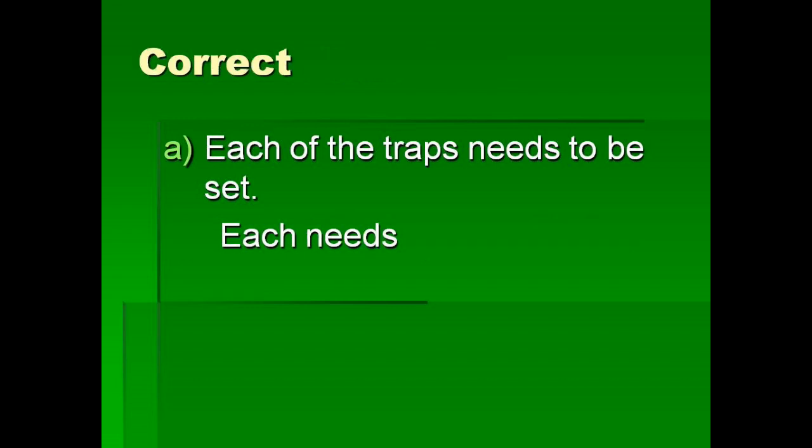Can you try? Correct. Each of the traps needs to be set. Those traps are singular in need, so because they are singular, each one of them takes a singular verb.